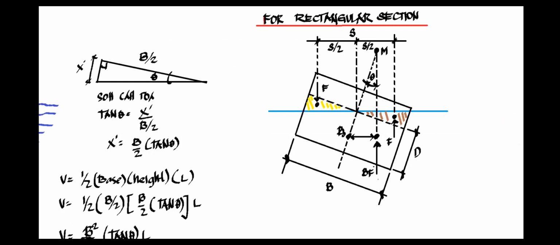Now for the rectangular section, again I draw here our rectangular section of a body that is immersed in a fluid, liquid. It is already being tilted, so we have the corresponding theta that is being angled here.